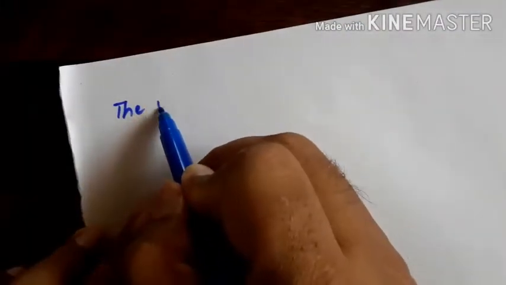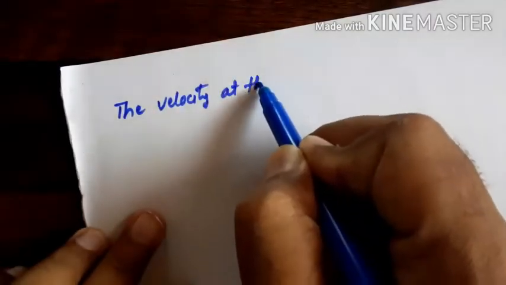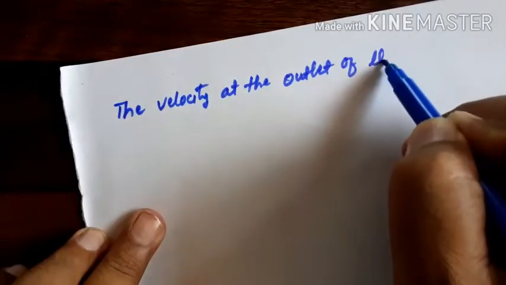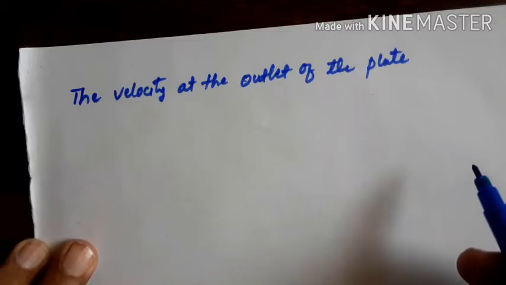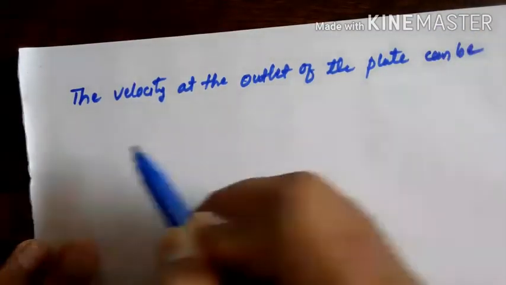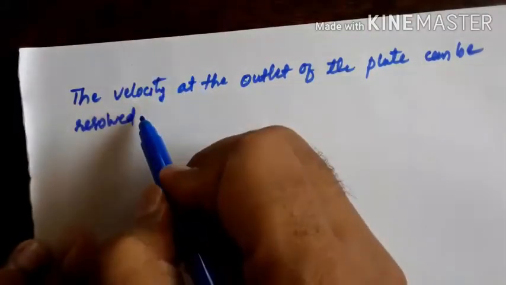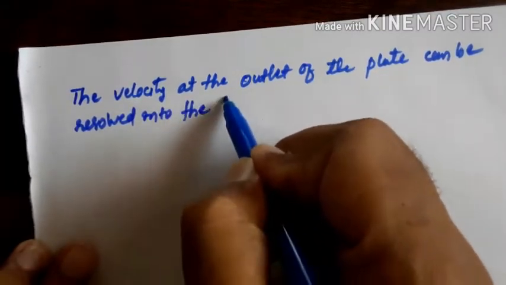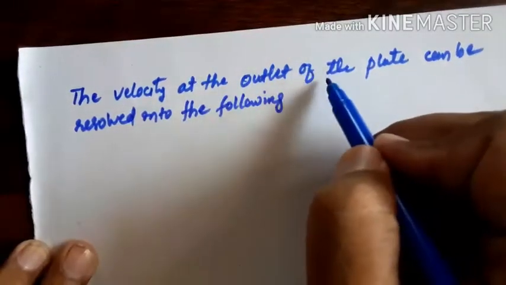The velocity at the outlet of the plate can be resolved into the following two components.